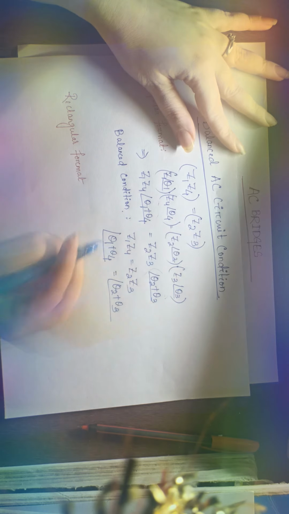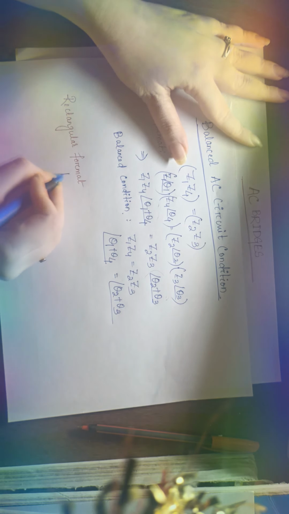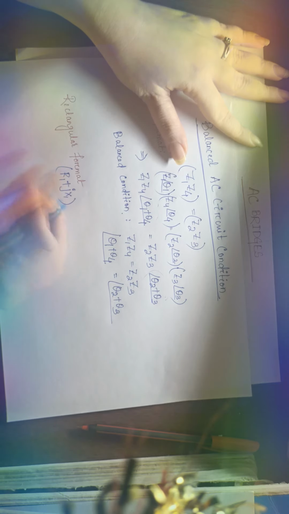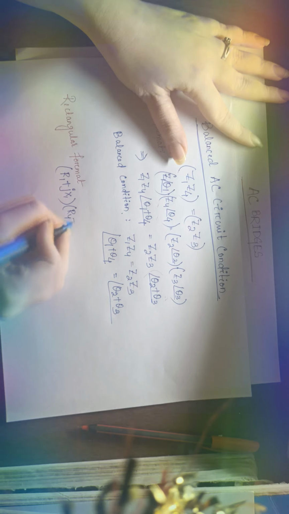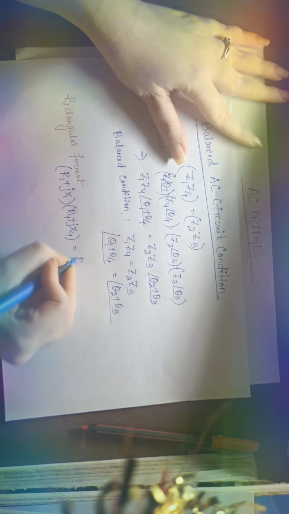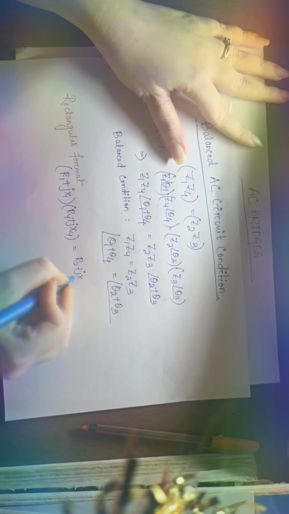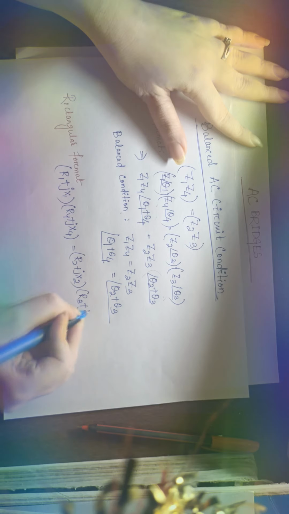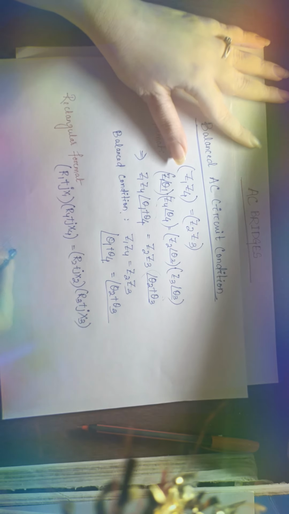So we replace all those Z's in the rectangular form. It can be written as R1 plus JX1 into R4 plus JX4, which is equal to R2 plus JX2 into R3 plus JX3.